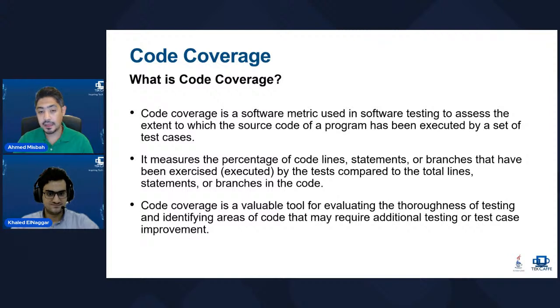However, it's not always an accurate indicator that your tests are of good quality. So we would recommend that you use the mutation score as your primary metric and complement it with code coverage.